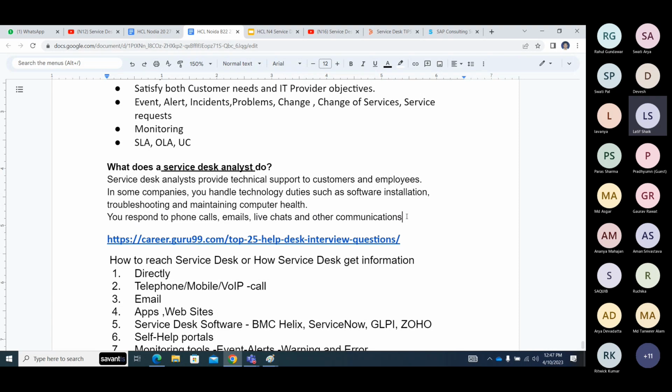At L2 level you may have direct access, but at L0 and L1 level you don't have certain access. You have to communicate between both parties, either by telephone calls, emails, live chat, or other portal communication, between users, customers or clients and your specific technical team.